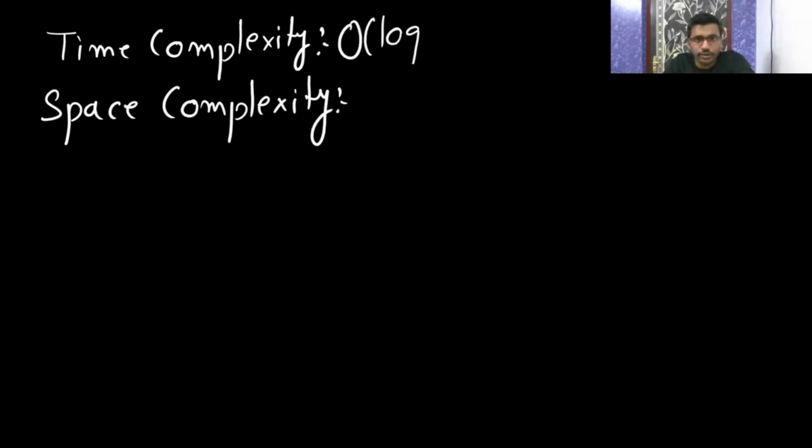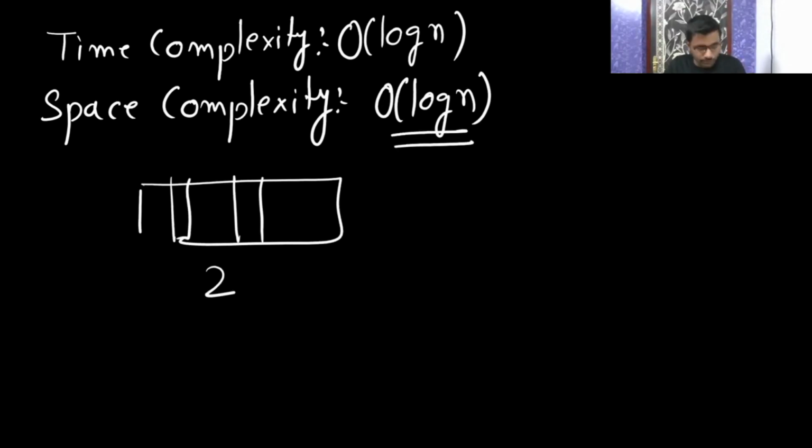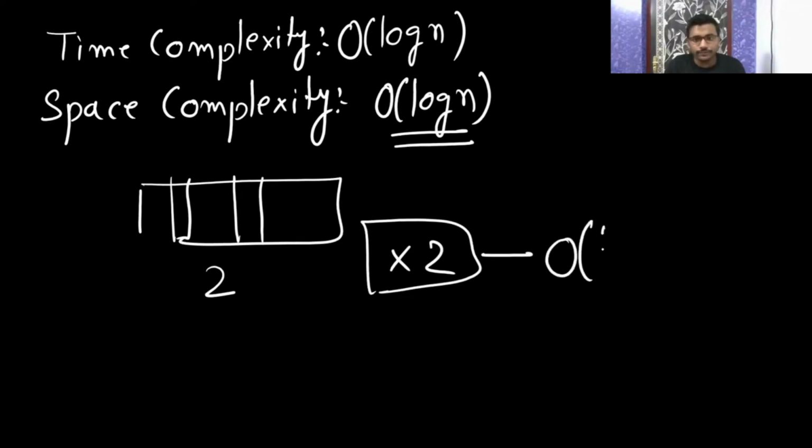Time complexity is going to be log of n and space complexity is also going to be log of n, because whenever you are reducing the size of the array by 2 and again by 2, the space is going to be big O of log n. Even if you are dividing by 2 or multiplying by 2, the time complexity is always going to be big O of log n.